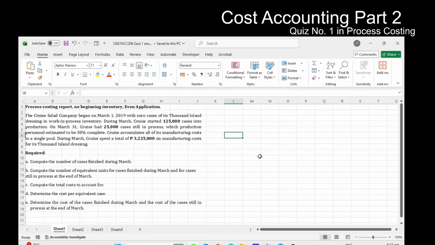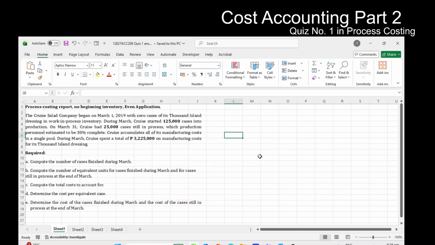Process costing report, no beginning inventory, even application. The Cruise Salad Company began on March 1, 2019 with 0 cases of its Thousand Island dressing in work in process inventory. During March, Cruise started 125,000 cases into production. On March 31, Cruise had 25,000 cases still in process, which the production personnel estimated to be 30% complete.